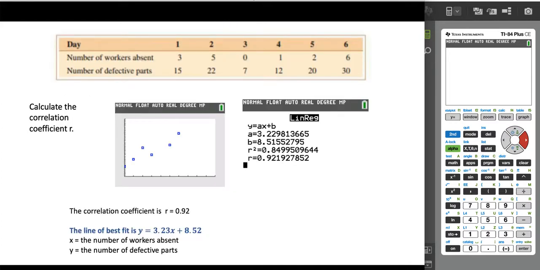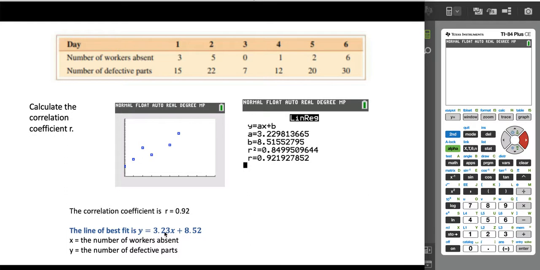So the correlation coefficient is 0.92. All right. I might as well show you here that this linear regression function also gave us the line of best fit. So this is the equation of the line that best fits this data. So we asked for it in this y equals ax plus b form, and it told us A. A is 3.229, blah, blah, blah.